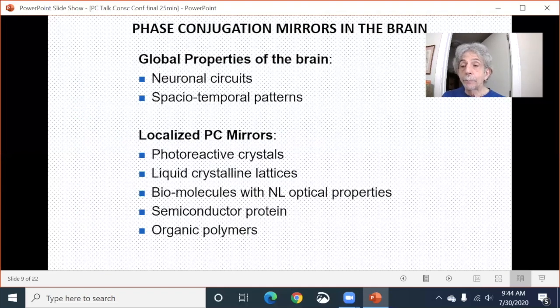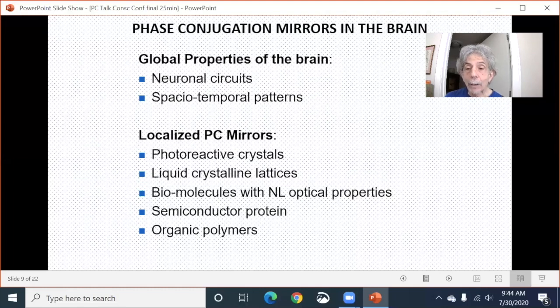So, as I mentioned, both of these scientists discussed the idea of having a phase conjugation mirror in the brain, but they had no idea where it was. They did, however, propose in a global sense that they might be involved with neuronal circuits or even spatial temporal patterns.